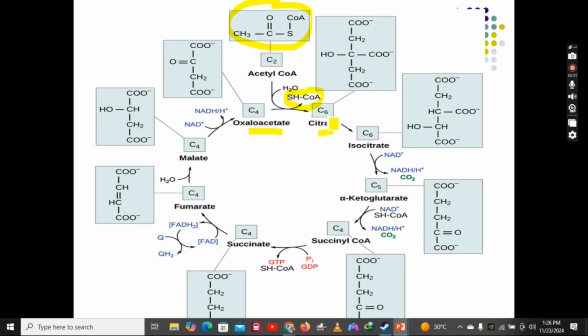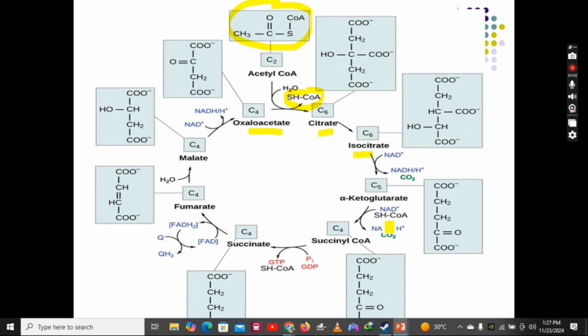The citrate, we said, is a 6-carbon molecule. The citrate will be converted to its isomer, which is the isocitrate. That's at number 3. So the isocitrate is converted to alpha-ketoglutarate.